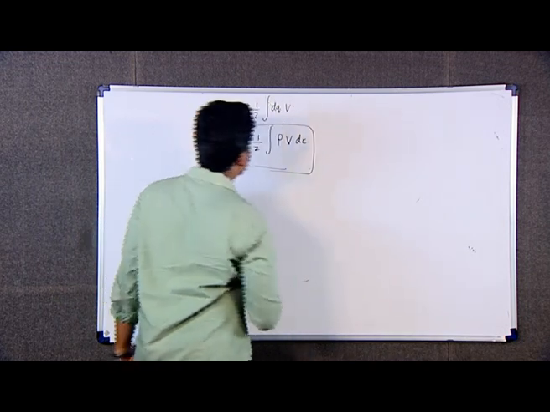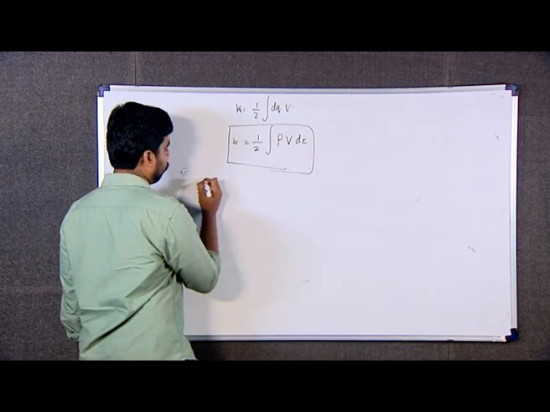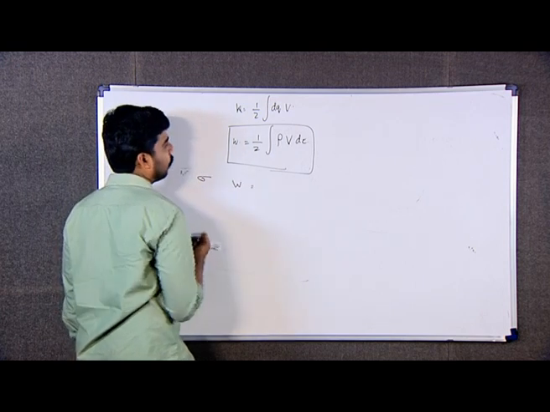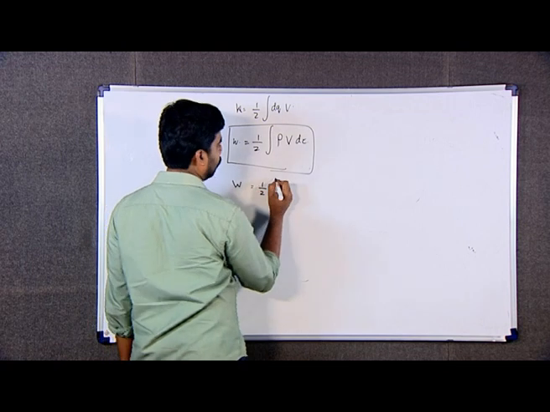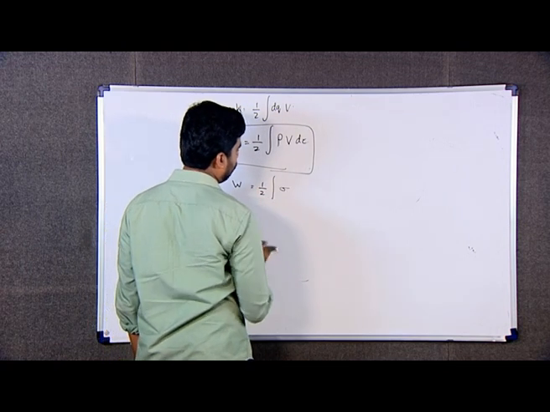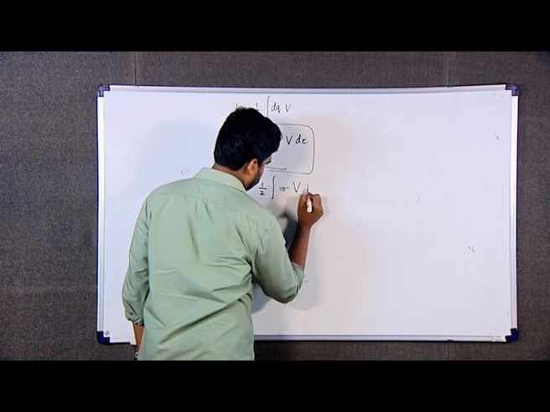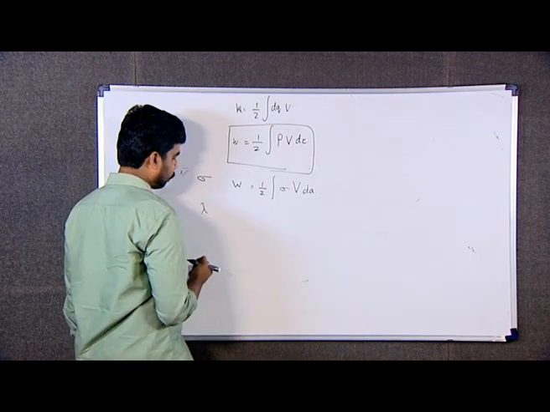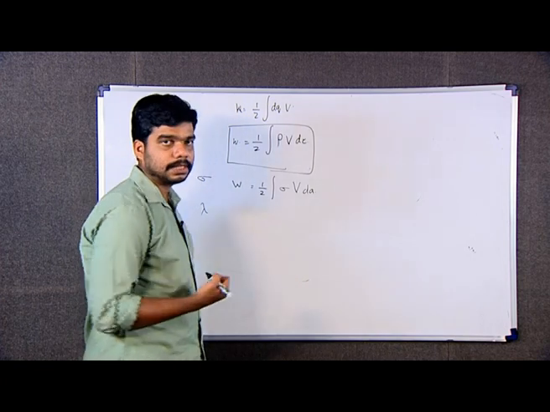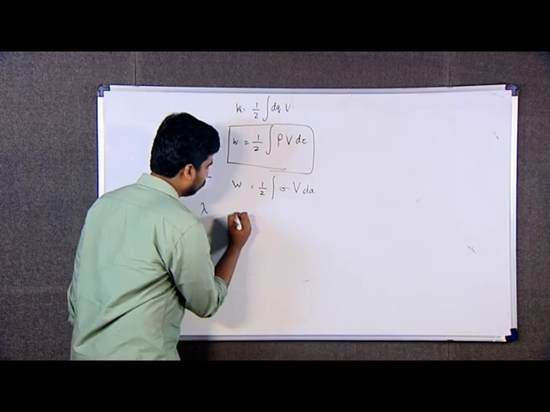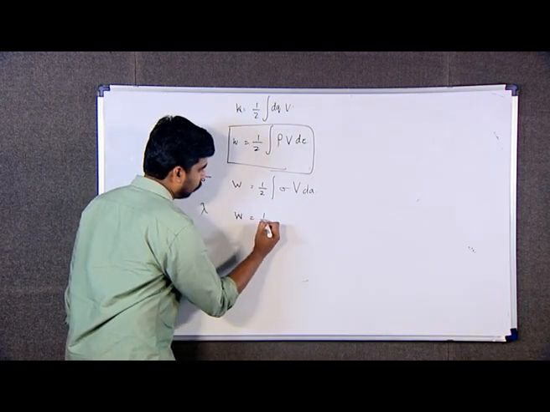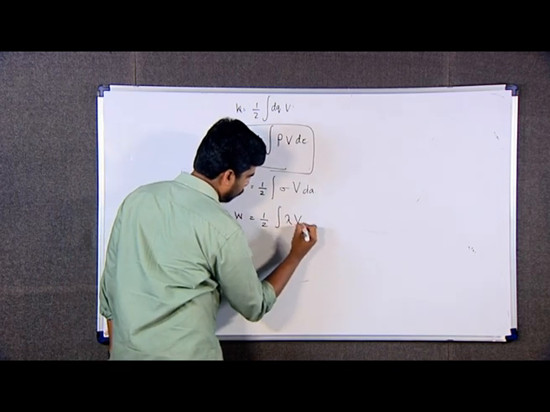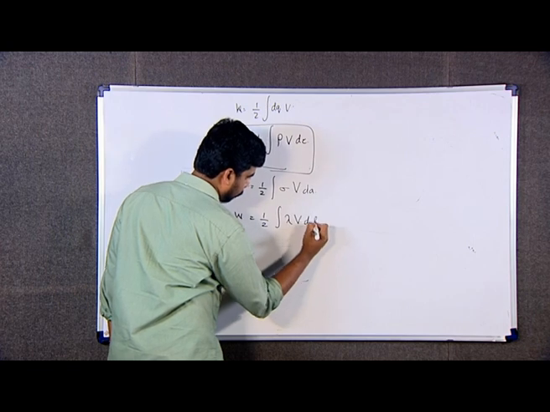And similarly, for a surface charge density sigma, the work done is equal to half into integral sigma V into dA. And for a line charge density, linear charge density lambda, W is equal to half into integral lambda into V dL.